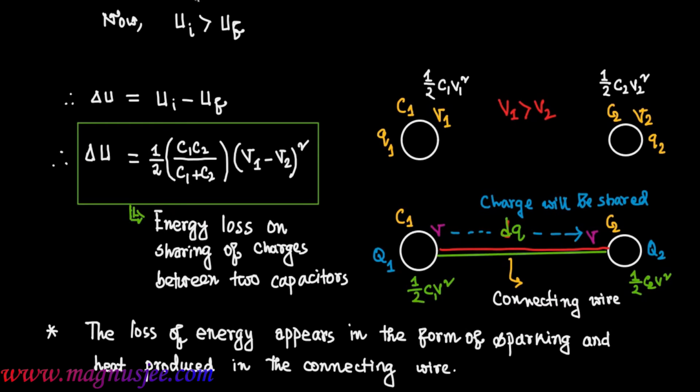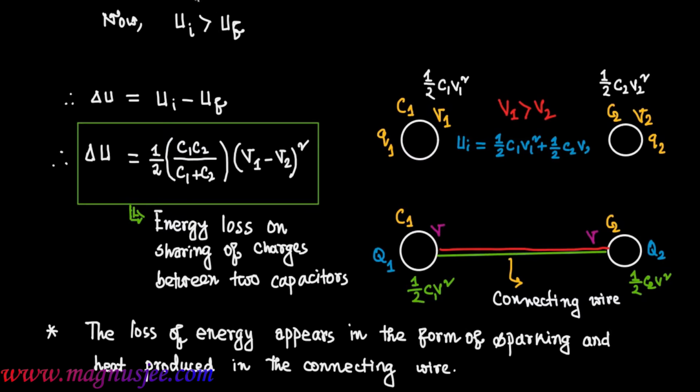Here the total initial energy of the two capacitors was Ui, which is half C1 V1 square plus half C2 V2 square, and the final energy becomes UF equals half C1 plus C2 into V square.